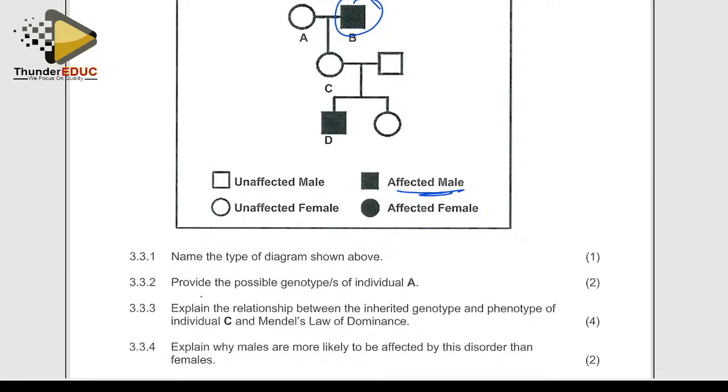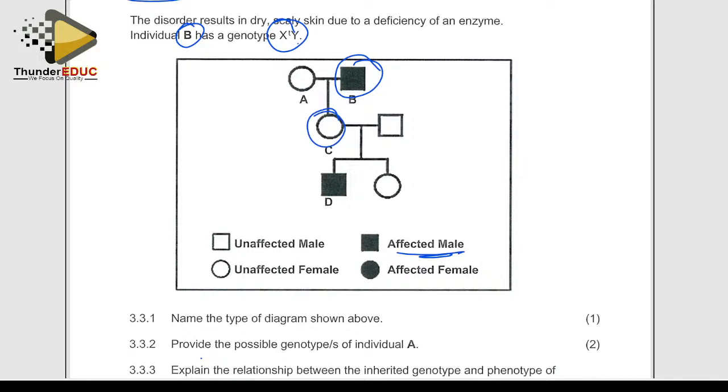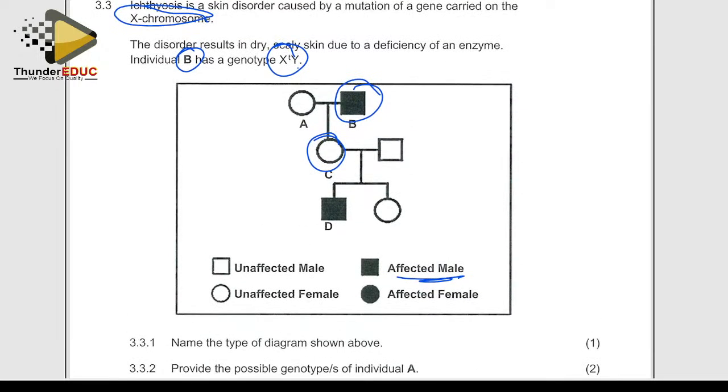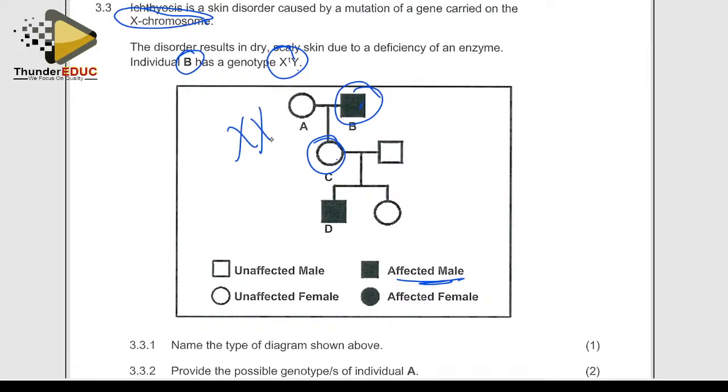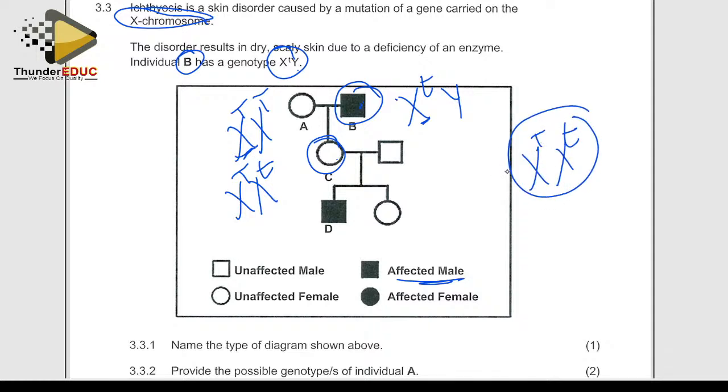Provide a possible genotype of individual A. Individual A produced a baby who is normal, and this one is sick, so automatically individual A could be X capital T X small t. If this combines with X small t Y, it forms X capital T X small t, so this individual is still female but normal.